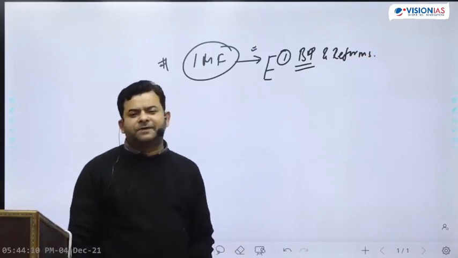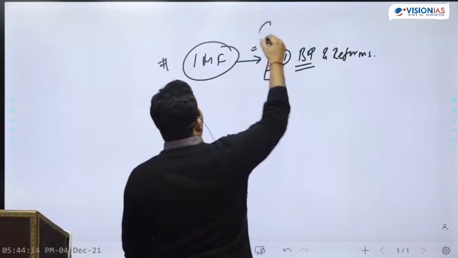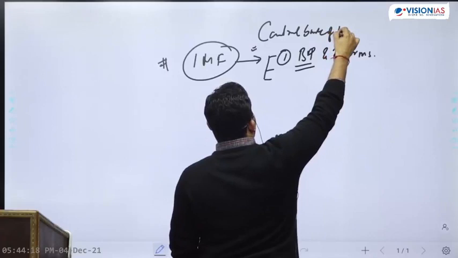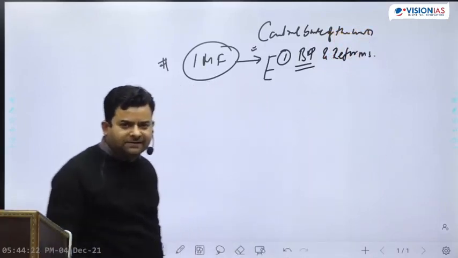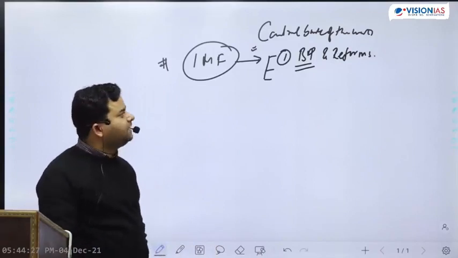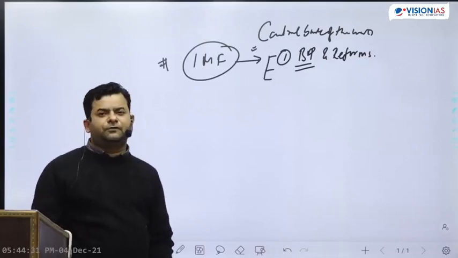That's why some writers call IMF the Central Bank of the World. Because balance of payments are made by the central banks, this way IMF can be called the Central Bank of the World, because they maintain the balance of payment fact sheets and reforms for all countries.